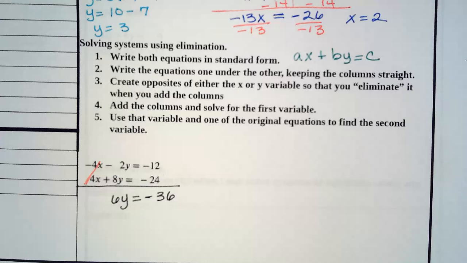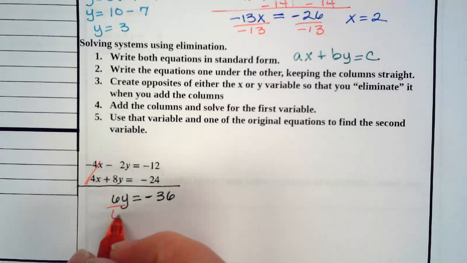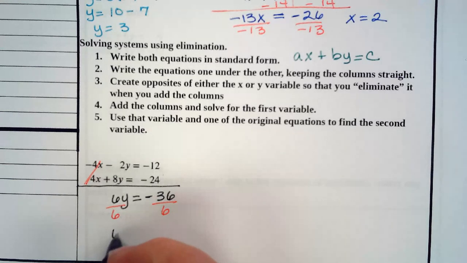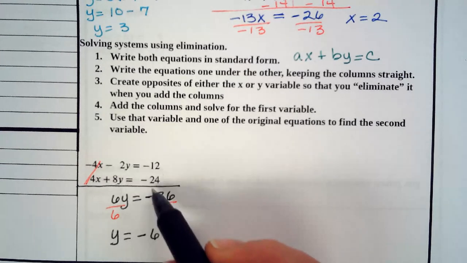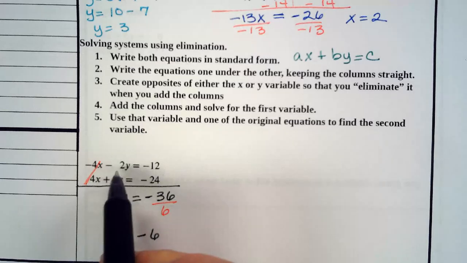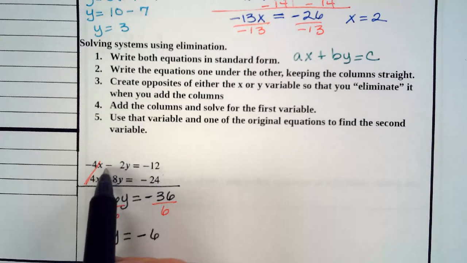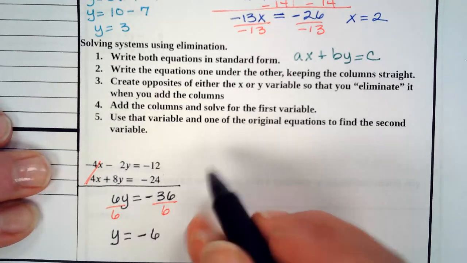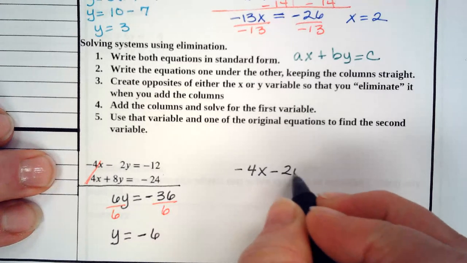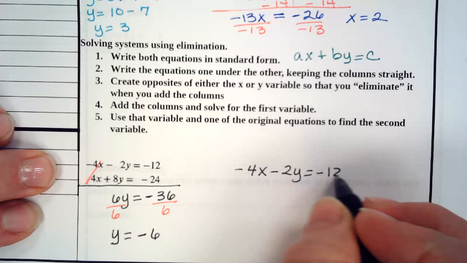Divide both sides by 6. Y is equal to negative 6. I can use either one of these equations to find x. I prefer to use smaller numbers, so I'll use the first equation. Negative 4x minus 2y is equal to negative 12.